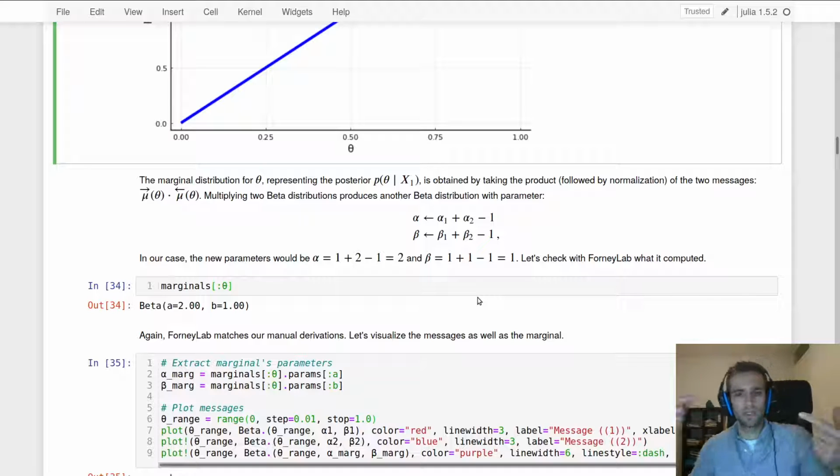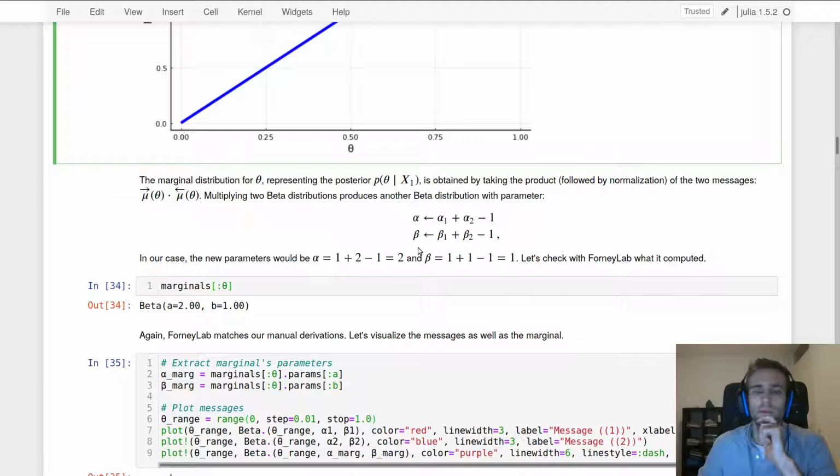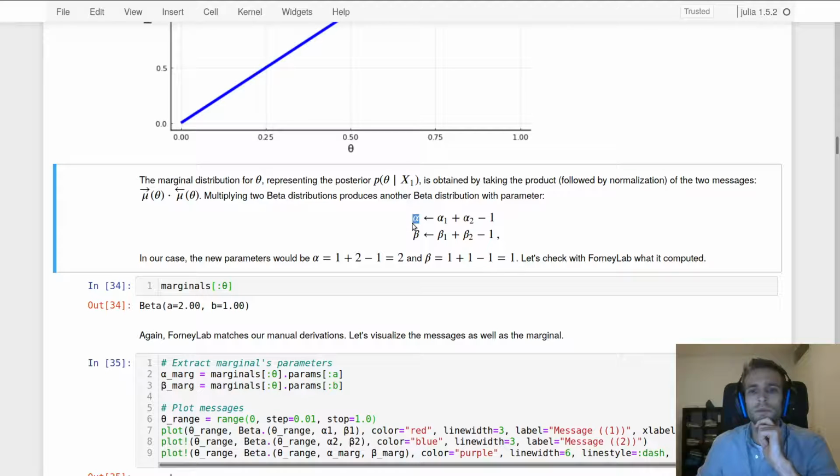Right, so those two messages meet on the factor graph at the edge for theta, and where they meet, you take that product, and that produces the marginal distribution for theta, which in this case represents the posterior for theta given x1. If you multiply two beta distributions, you get another beta distribution, and the new shape parameter alpha is the sum of the old alphas minus 1, and the new beta is the sum of the old betas minus 1.